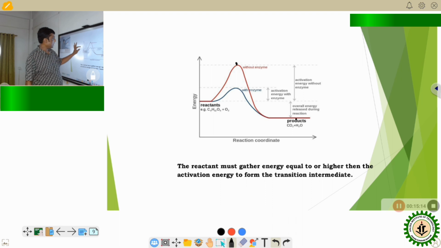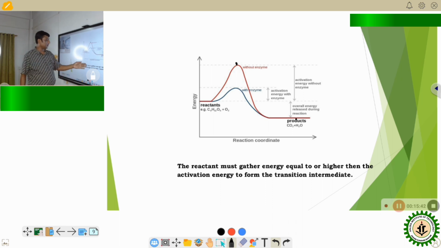And once we add enzyme, in presence of biocatalyst, that requirement decreases. Means the amount of activation energy required decreases, or you can say the height of the energy barrier decreases. As this decreases, the time consumption becomes less, and if time consumed is less, then the rate of reaction increases.